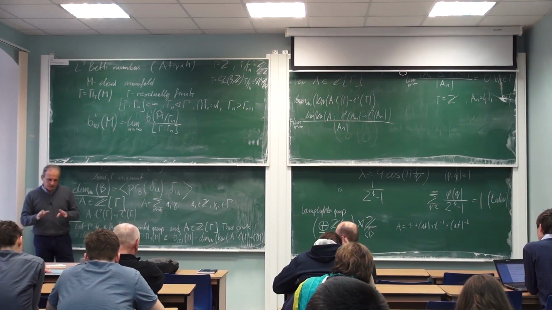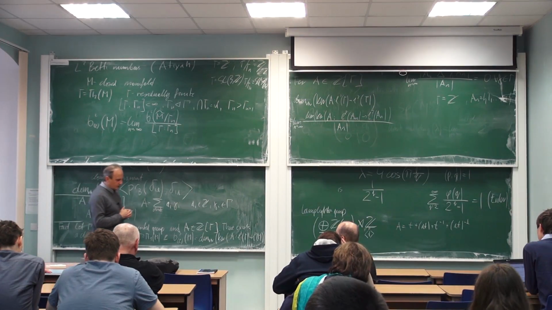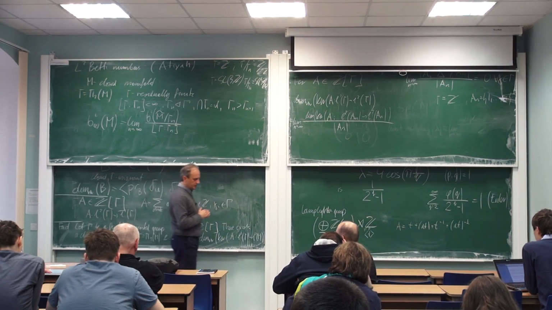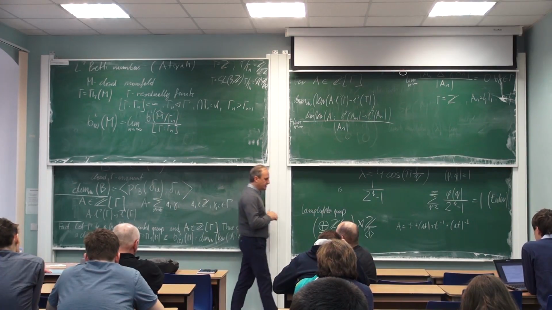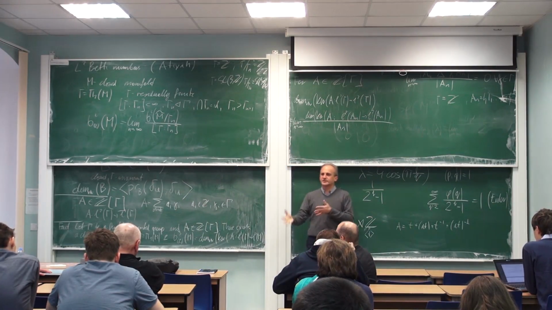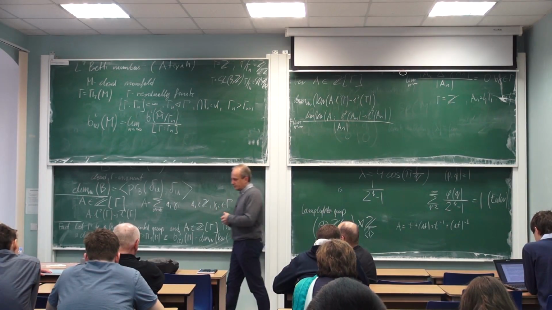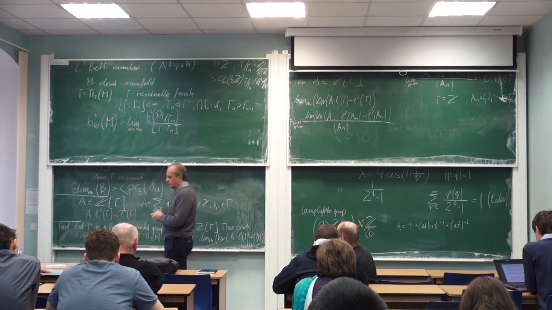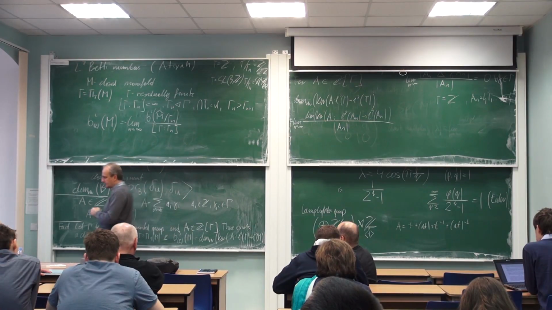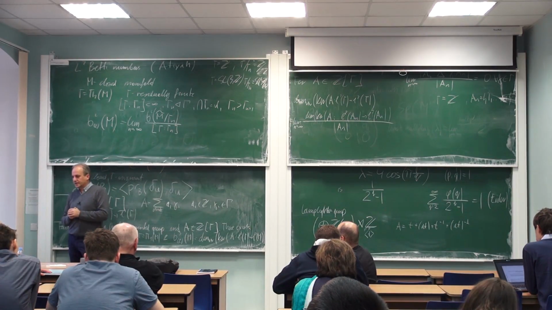So I think the way I would see the theory is by taking results from one side and trying to find the analog on the other side, but I doubt you could do it directly.